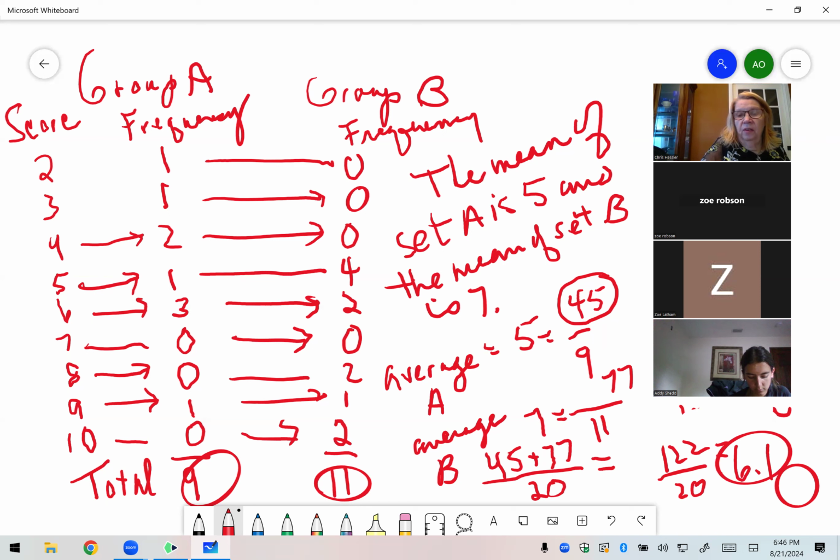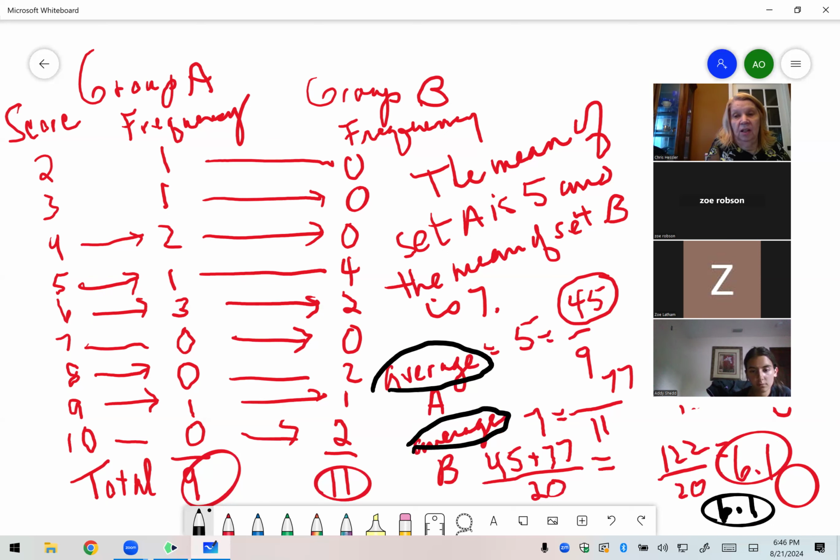So our answer for that one, put it in black, is 6.1. Thank you, College Board, for 10 points. So can you see, instead of doing all these frequencies, you could just do what we did earlier and save yourself a lot of time.